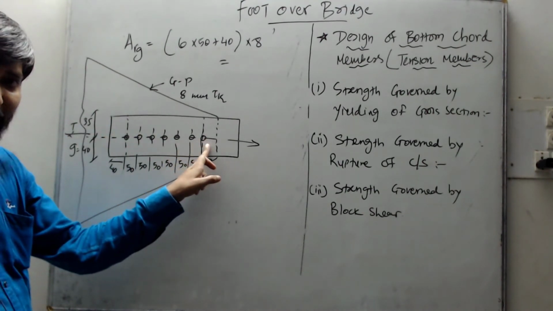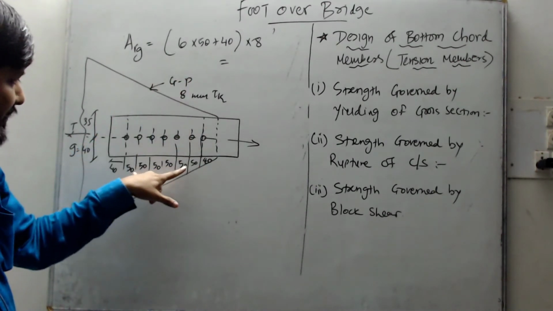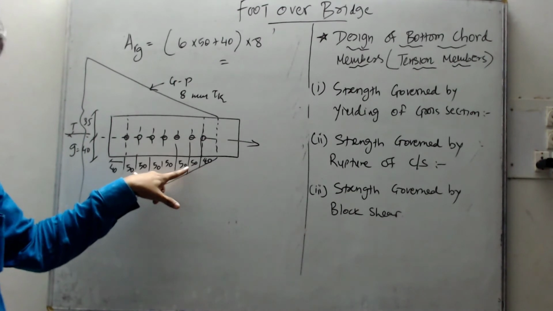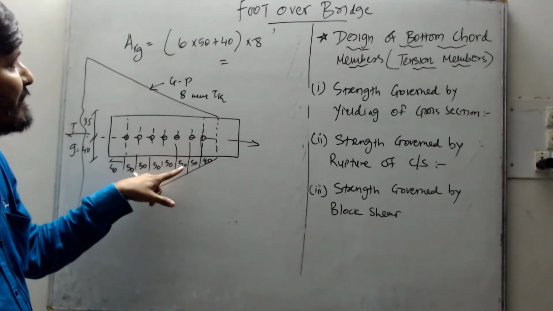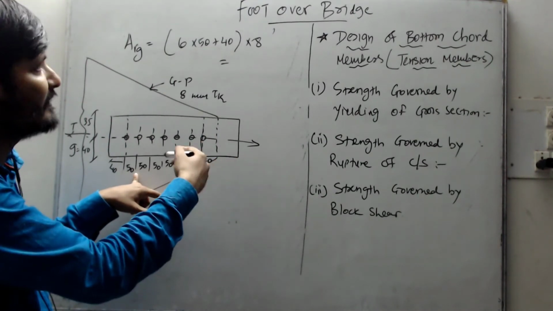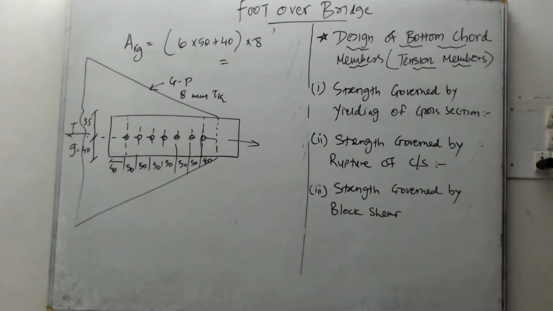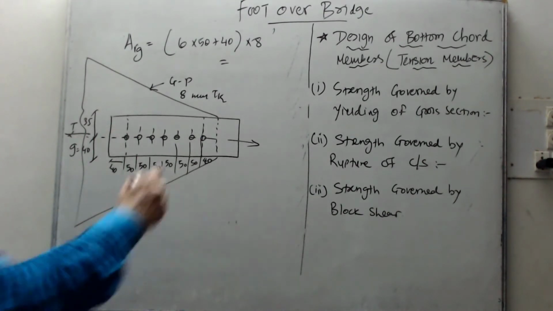So ultimately 1 bolt will be deducted from the total bolts. So 6 times the spacing of 50, plus 40, which is the edge distance, multiplied by 8. 8 is the thickness of the member, the thickness of the angle section, right? So we'll get this value as 2720 mm square.